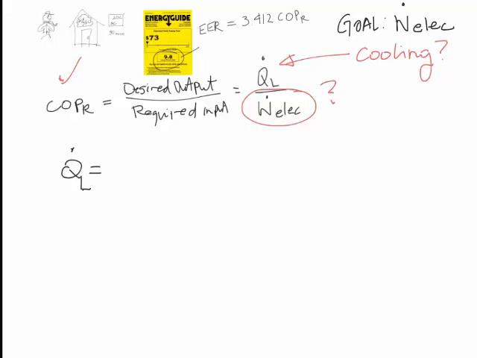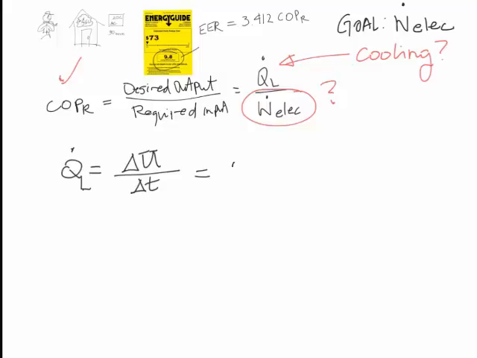That's going to be based on the change in internal energy of our room, and more specifically the change in internal energy of the air in the room, divided by the time it takes to do that. As long as that rate of cooling is constant, which it is, then the change in internal energy divided by the change in time is going to be the rate of cooling.